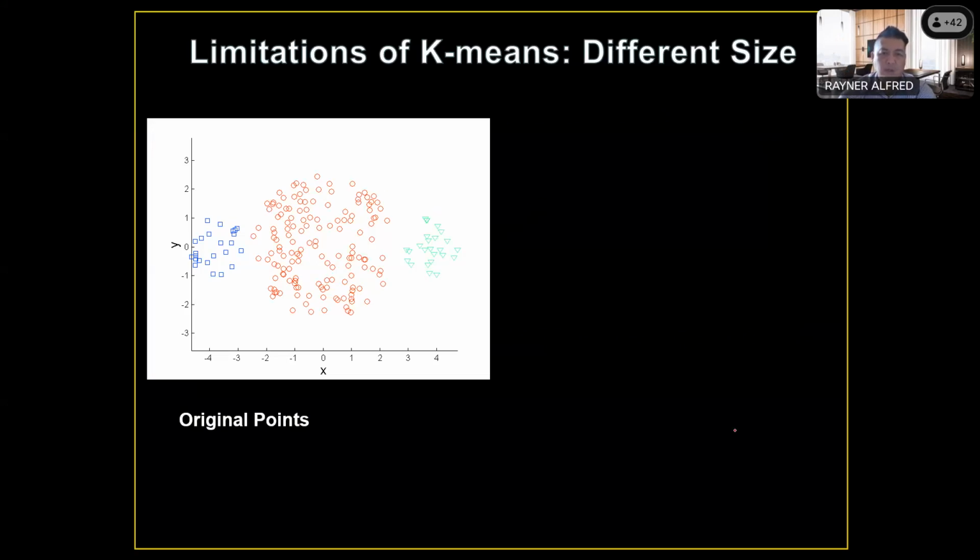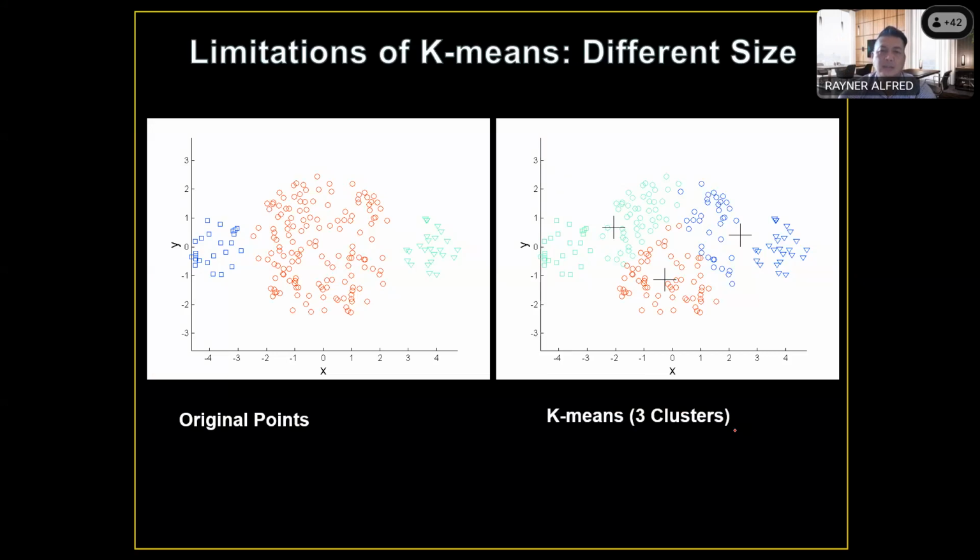If we use K-means, we have something like this because they have different sizes, right? The algorithm will never know the size, but what it knows is the location of each of the data that we have.